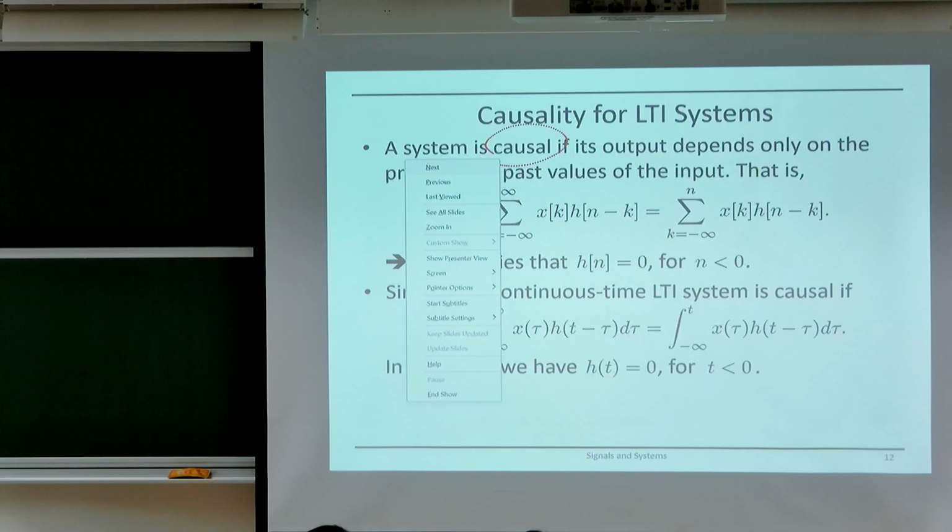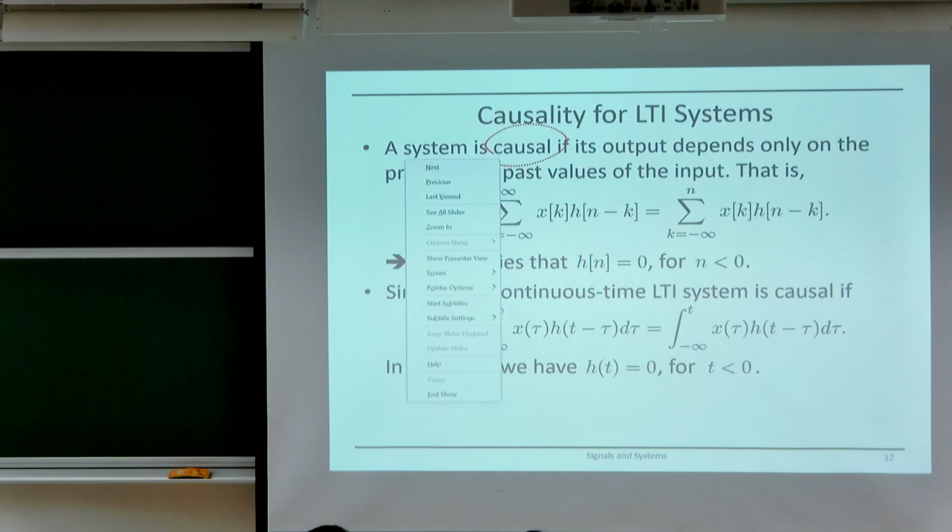We know that the input-output relation of an LTI system can be written in this form. The output is equal to the convolution between x and h, or you can write it as the convolution sum of x of k times h of n minus k.